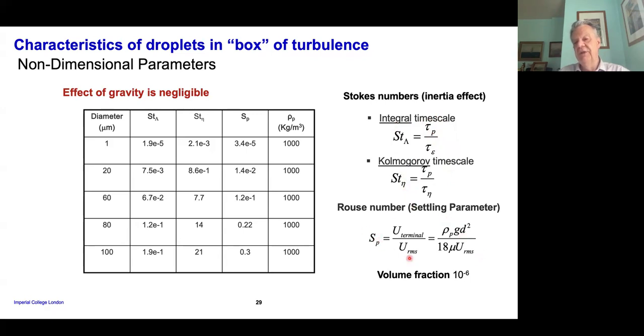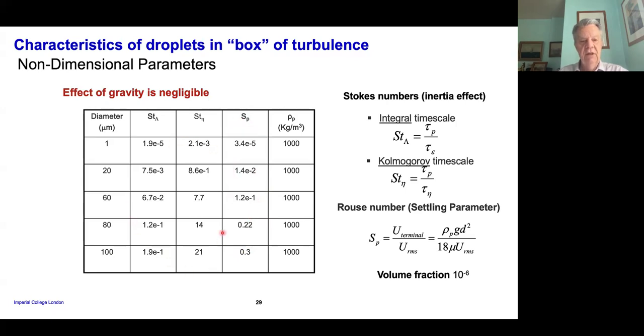Also, the settling parameter, the gravitational effect, is a parameter which tells you how significant it could be. And you can see what the value is. Obviously, when the droplets become very large, then this becomes more significant, but generally it is low.